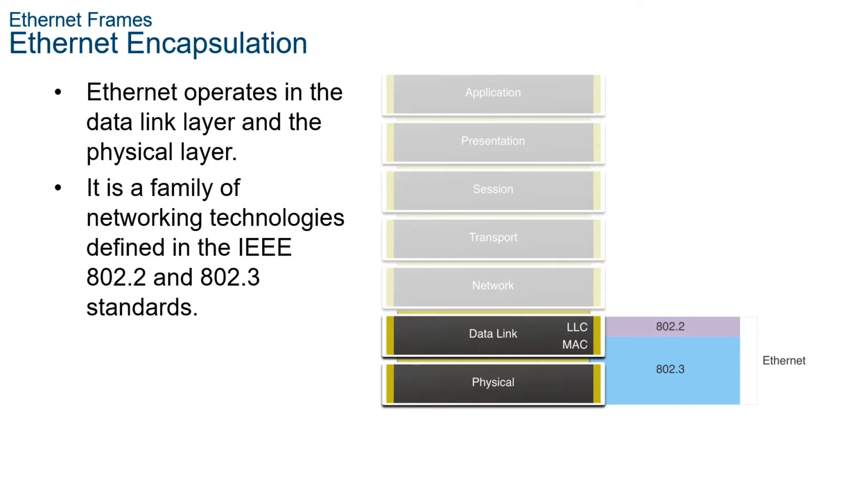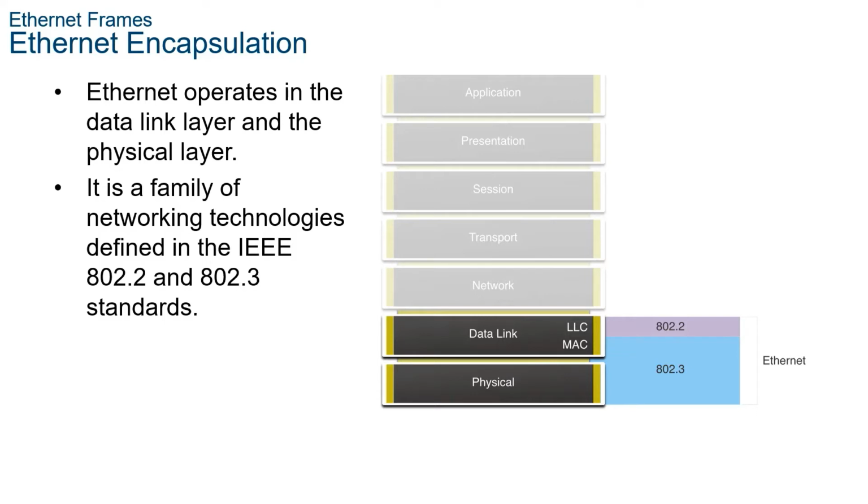Ethernet uses wired communications, including twisted pair, fiber optic links, and coaxial cables. Ethernet operates in the data link layer and physical layer. It is a family of networking technologies defined in the IEEE 802.2 and 802.3 standards.